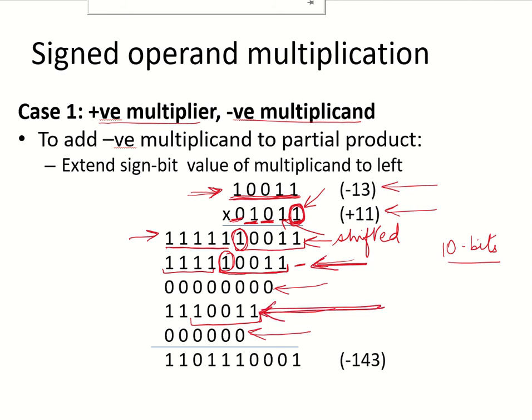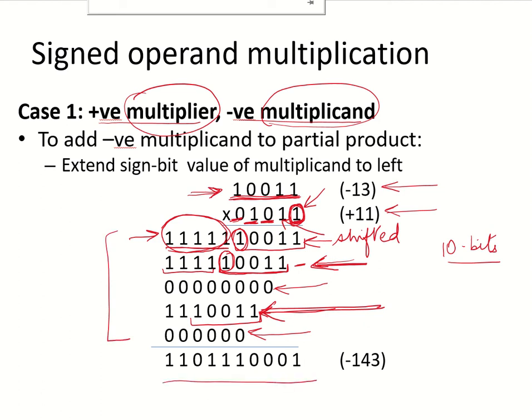And since this multiplicand was negative, we are putting the extension of the sign bit in the remaining bits. Once we have all these partial products, we can add them, and this is the final result, which represents minus 143.